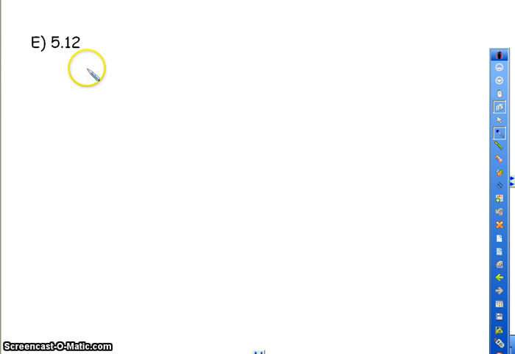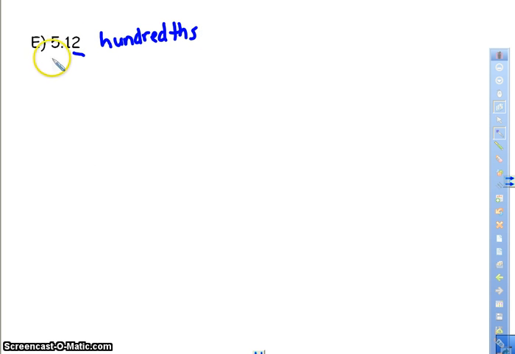Okay, so I have another one here: 5.12. So the 5 is my whole number, so 5 and 12 hundredths. All right, what can go into 12 and 100? Well, I know that this is even and this is even, so if I want to start with 2, I definitely can.